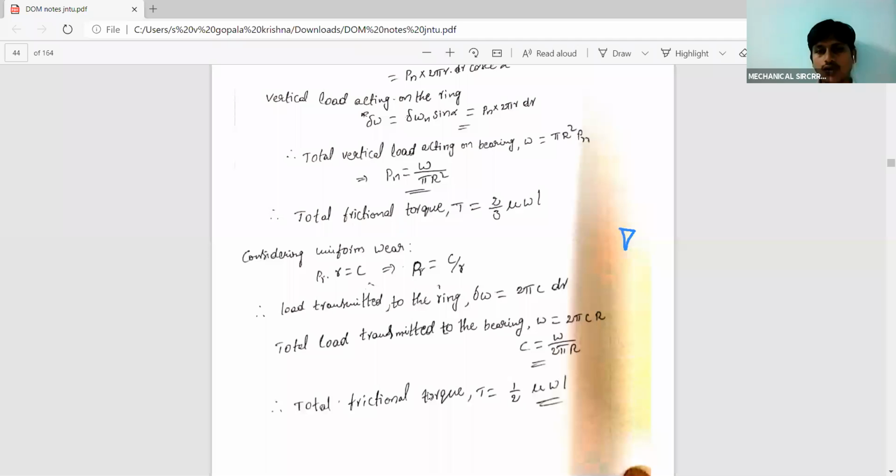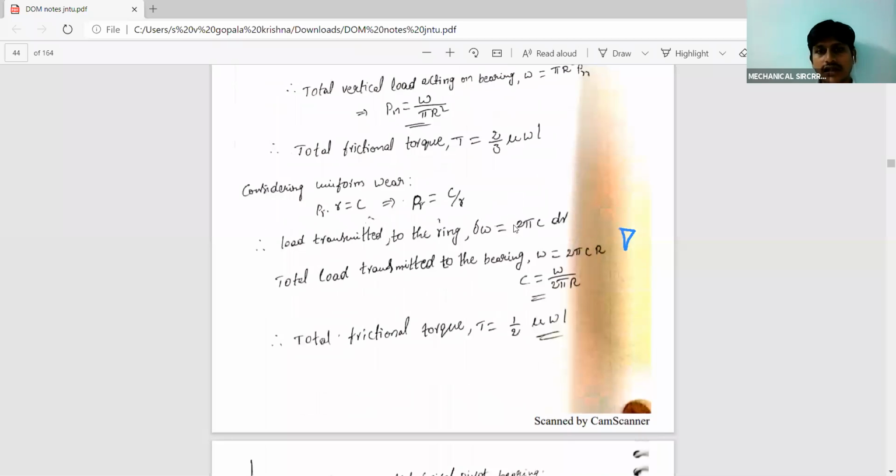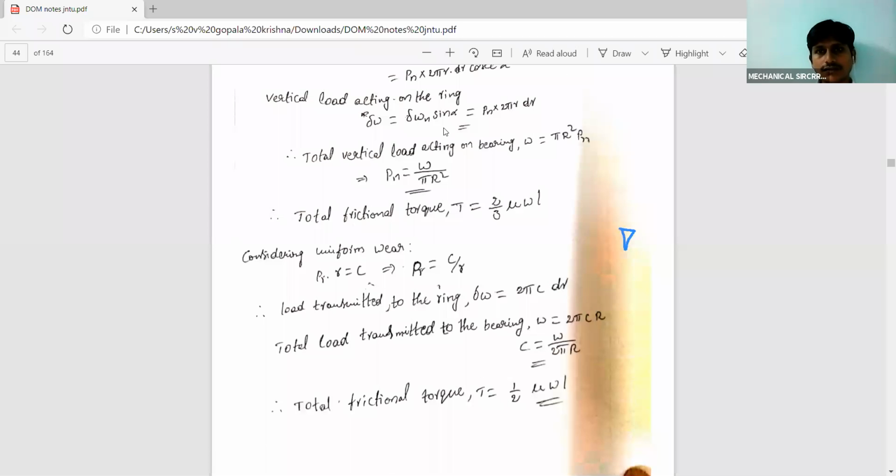So C equals W by 2 pi r. Then the total frictional torque T equals half into mu W L.